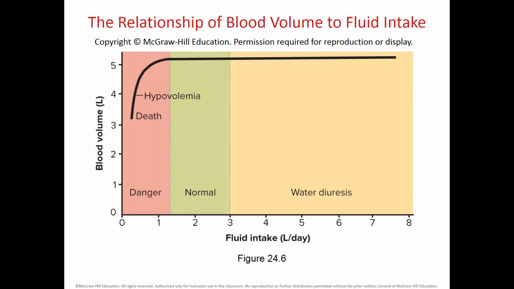If you look at this graph, we have on the y-axis the blood volume in liters, and on the x-axis the fluid intake in liters per day. So you have to have, in the green area, an intake of water of 1.5 to 3 liters per day. Now, if you increase that fluid intake to greater than 3 liters, you have water diuresis, so basically you will go and pee more.